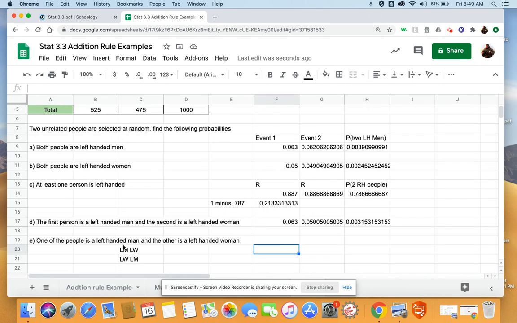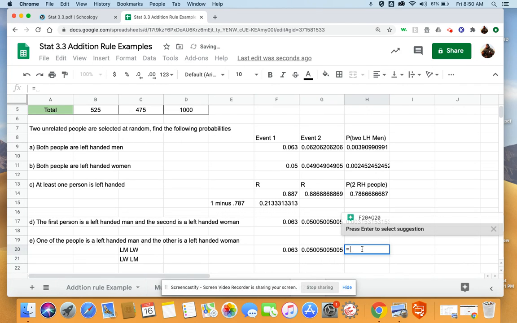We actually already found the left-handed man and left-handed woman answer right here. We'll go ahead and type it in again anyway. Equals 63 divided by 1,000 times 50 divided by 999, that cell times that one.